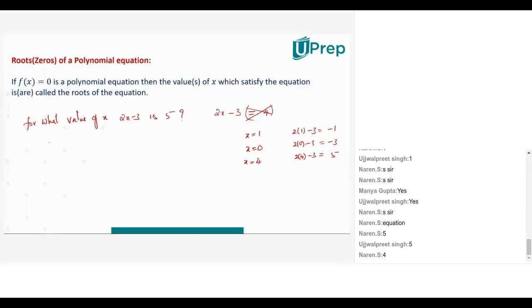When x is 4. When x is 4, then 2x minus 3 is 5. Correct? Are both the statements that I wrote on the board clear to each of you? Ujjwal, Naren and Manya.